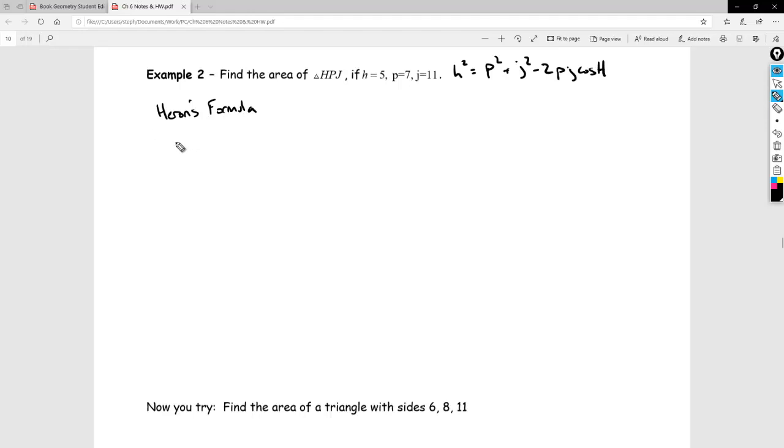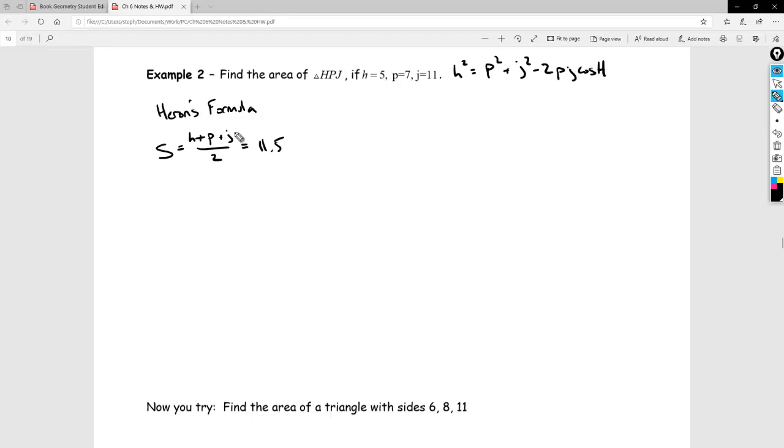The first thing we're going to do is find the semi-perimeter, which we call S. Okay, so we're just going to add all of our side lengths together. So in this case that would be H plus P plus J divided by 2, which is going to give us, let's see, 11.5.